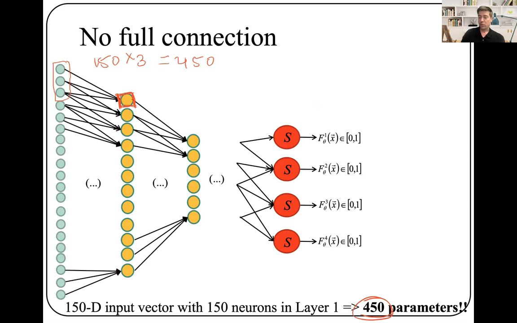So we went from 22,500 parameters to only 450 parameters. That's quite a big step.